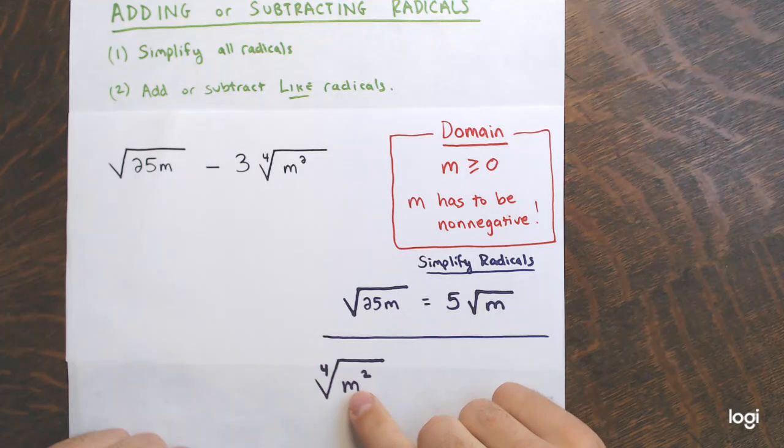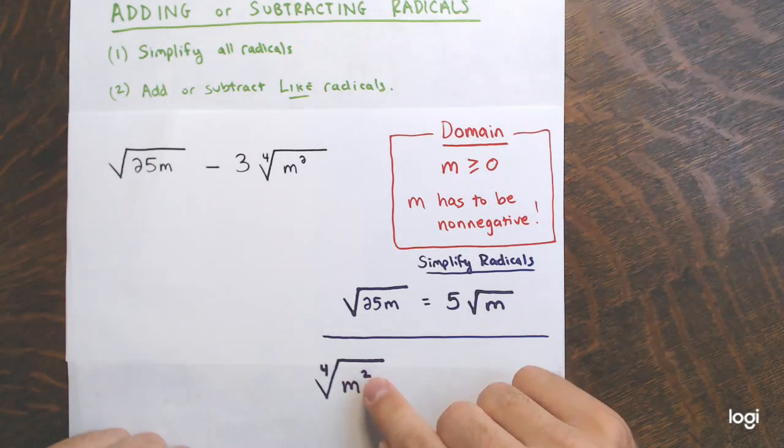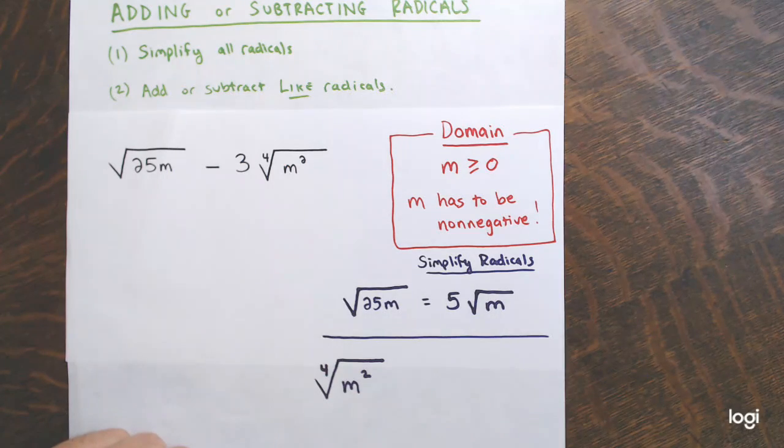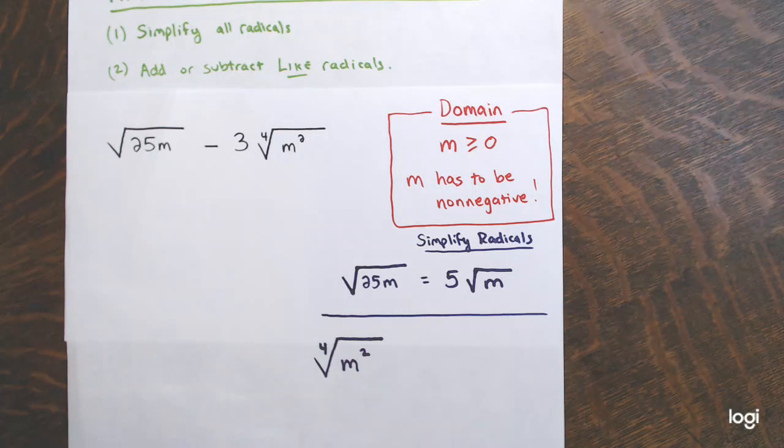Not seeing that in here. M squared, that's not a multiple of 4, and it's not even greater than 4. I can't even pull off a perfect fourth power here. But, as in all my other examples, I had radicals with the same index.